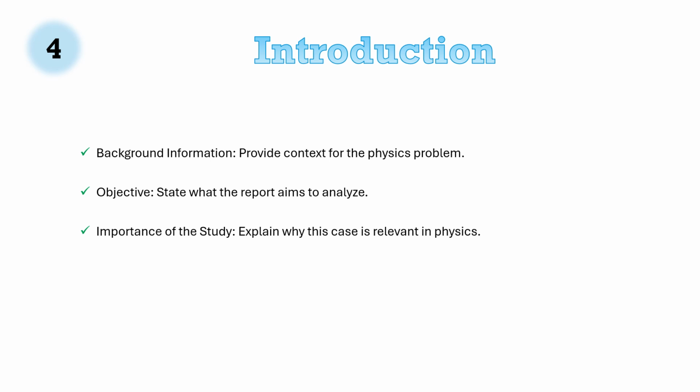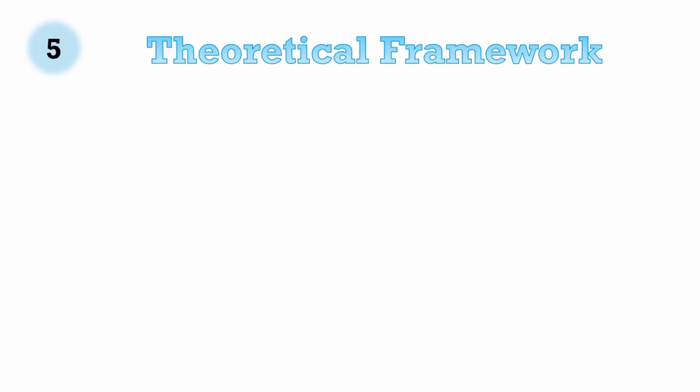Then importance of study. In that you have to explain how the present topic or case study is relevant in physics. Then a broader scope you need to define in the introduction part.